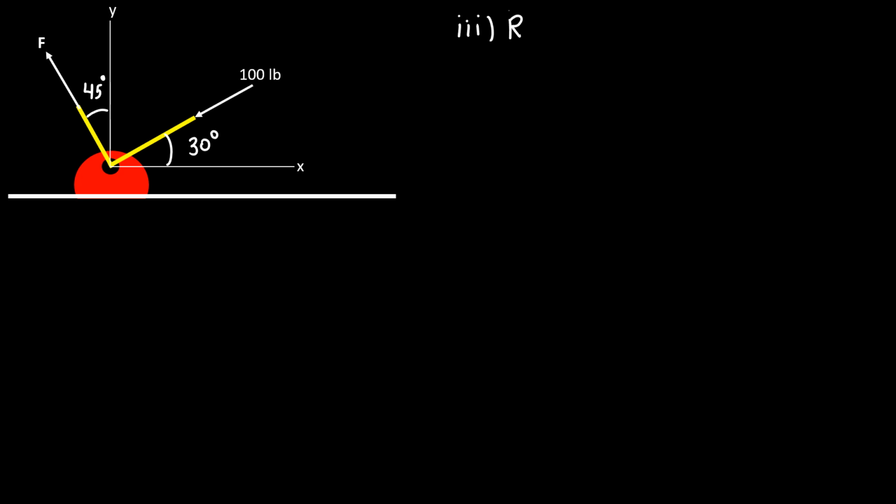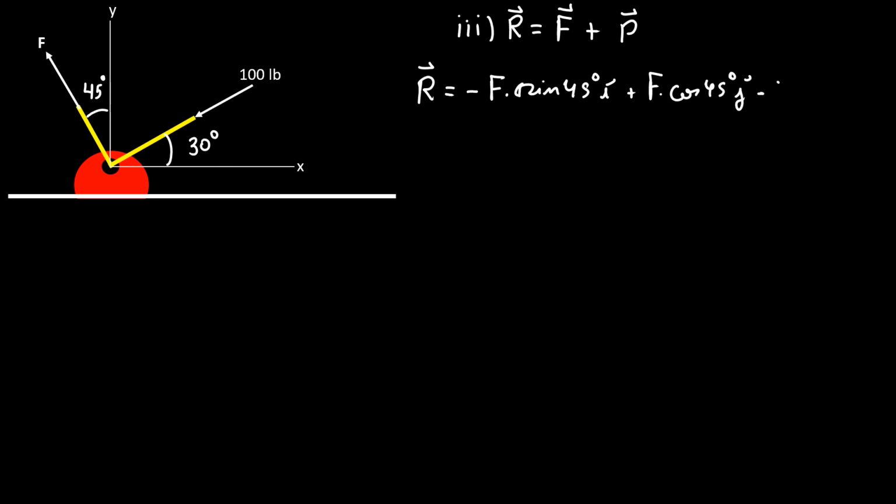Our resultant force is this vector sum of F plus P. So our resultant force is equal to minus F times sine of 45 i plus F times cosine of 45 j minus 86.6 i minus 50 j.